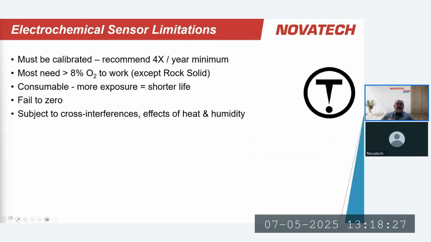A lot of the formulations of electrochemical sensors require oxygen. There are some types of EChem sensors that work without oxygen being present, but you'd have to check with the manufacturer of your specific sensor whether or not that is the case. Why is that important? Well, a number of reasons.